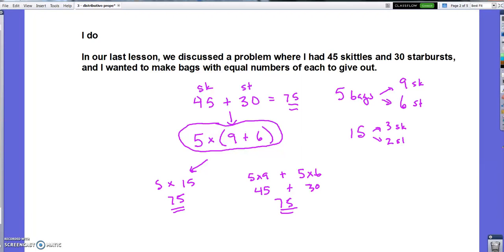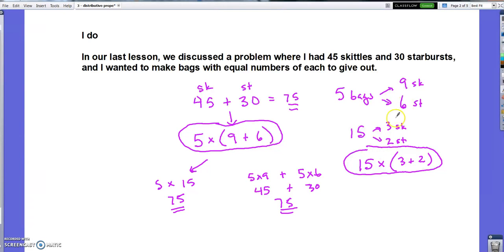So another way I could write this with the distributive property is I'm going to have 15 bags, 15 sets, 15 times, and each one is going to have 3 Skittles plus 2 Starbursts. And that is another way I could rewrite this out. It just depends what I factor out. Do I want to factor the 15 out of the 45 and the 30, or do I want to factor the 5 out of the 15 and 30? And I think there were other options too. I'm just going to present 2.